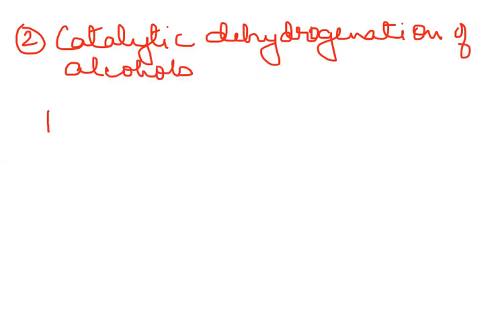A primary alcohol, when it is made to pass through or it is passed over heated metallic catalysts such as copper or silver at 573 degree Celsius, then it is going to get oxidized to the aldehyde. So primary alcohol will give us an aldehyde.